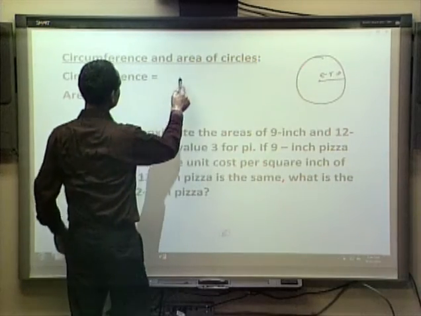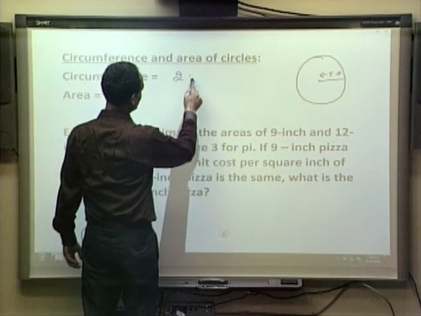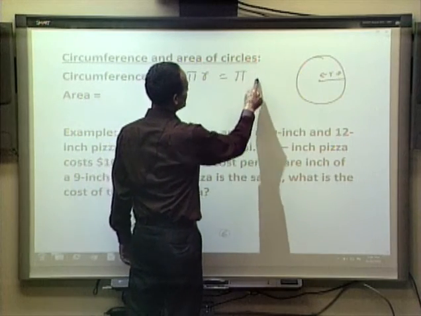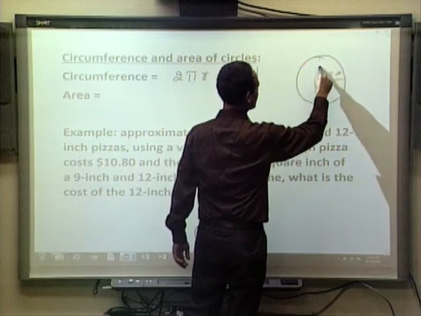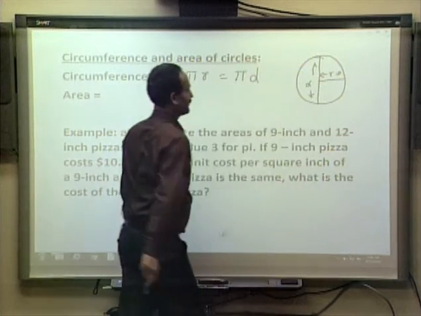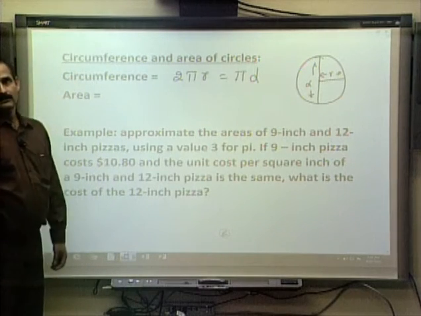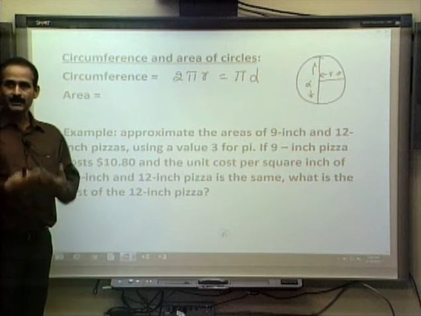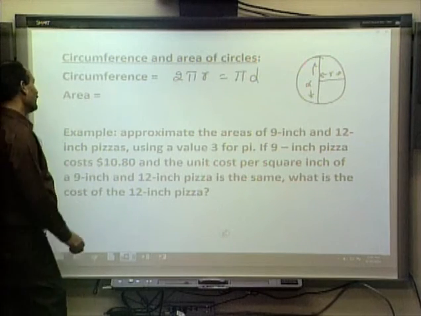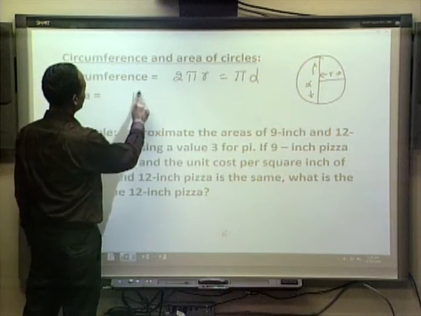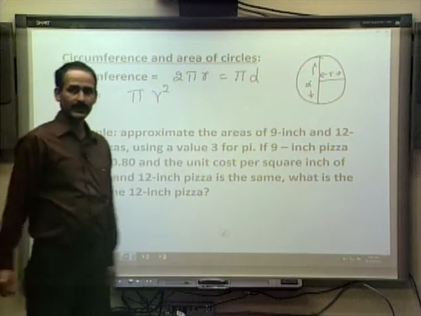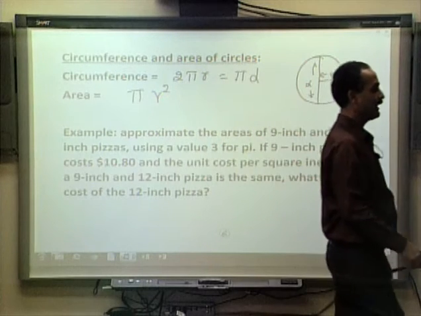The circumference is given by 2 pi r, or sometimes we say pi d, where d is the diameter of the circle. Pi times the diameter, or 2 pi times the radius, is the circumference, and the area of a circle is pi times the square of the radius, that is pi r square.